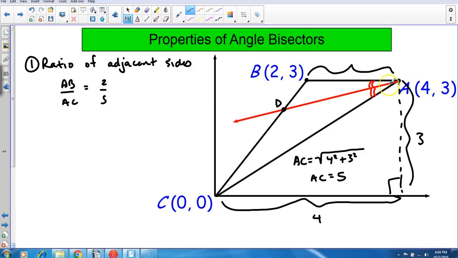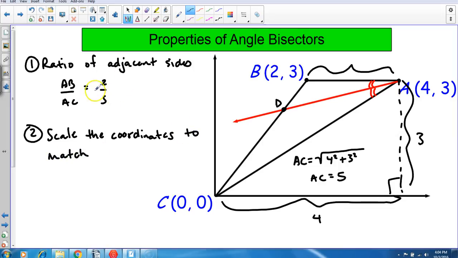Well, we talked about before, an angle bisector doesn't necessarily chop this in half. It would be nice if it did, because then we could just use the midpoint, but it doesn't. What we are going to use is something pretty similar to the midpoint formula. Really what we're going to do is scale the coordinates to match my ratio up here.